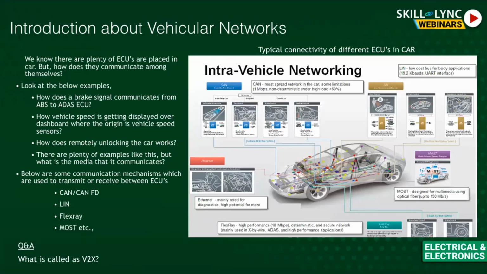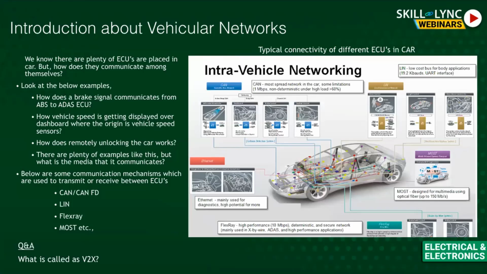So this is a small intro about vehicular networks. I just mentioned a few small examples, like ABS ECU to ADAS ECU. I will brief about ADAS much later in the slides. And how is vehicle speed getting displayed on the dashboard, where the origin is a vehicle speed sensor, right?